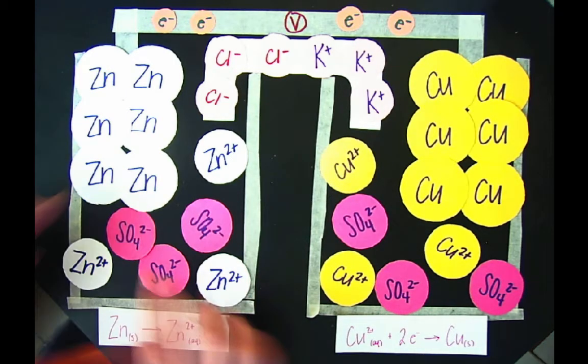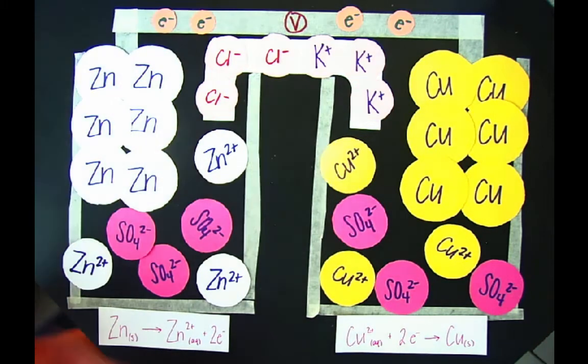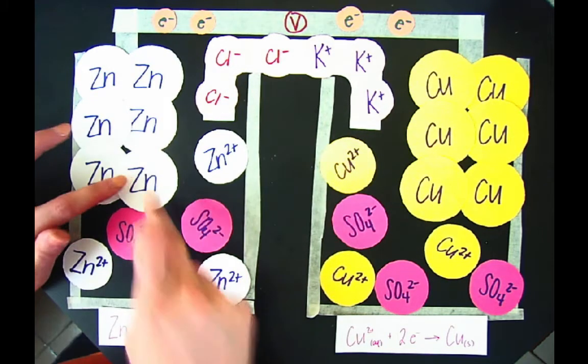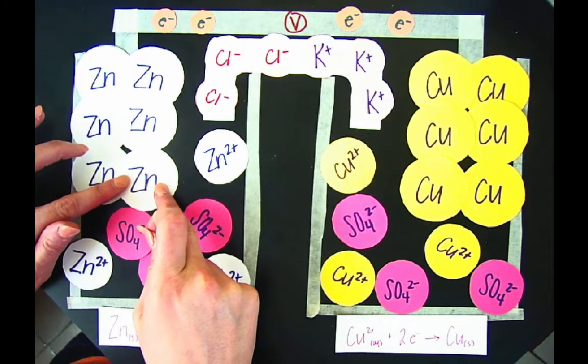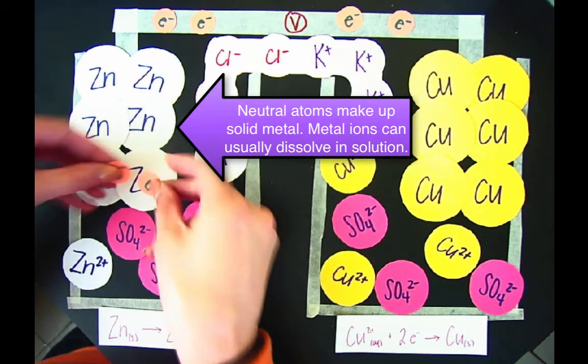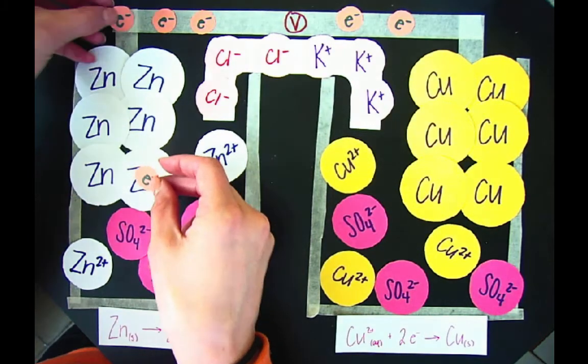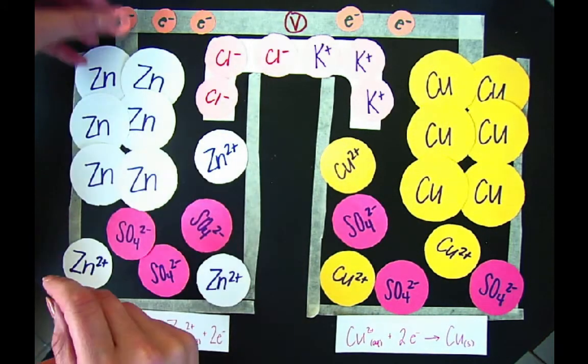If we take a look at what is happening during this process, zinc is being oxidized. One of these solid zinc pieces from the electrode has 2 electrons, and it is going to lose them. The electrons will move through the wire.